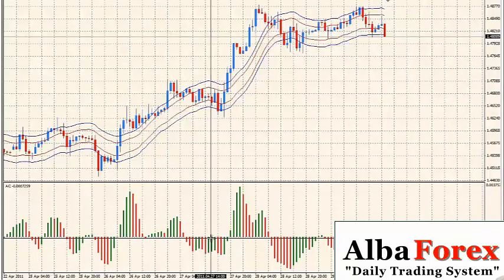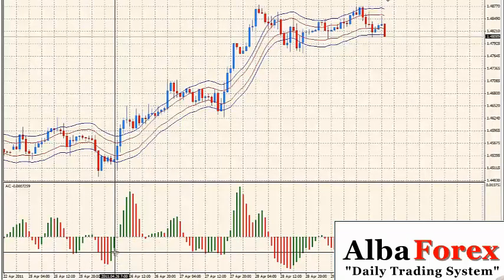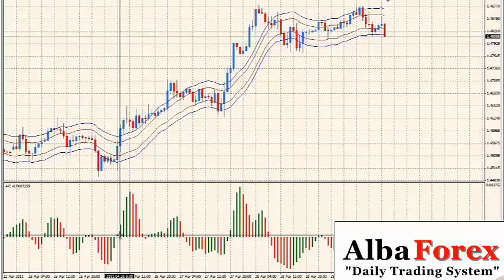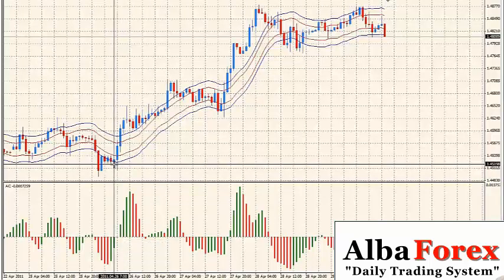Anytime you see these green bars come below it, give yourself a heads up that this might not turn into a profitable trade, or you might not get so much out of it. When the bar on the Accelerator Oscillator goes above the vertical scale and lines up with the close, then that's a pretty good trade.